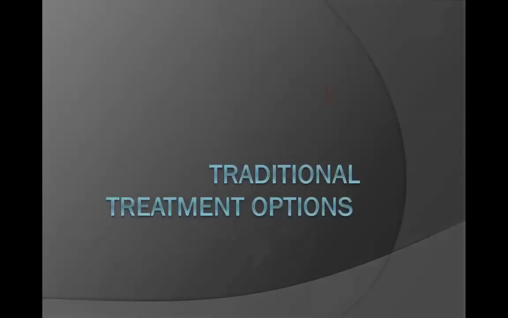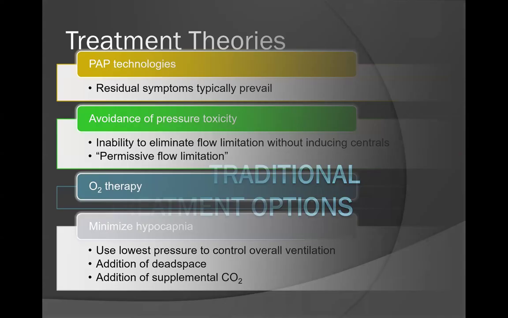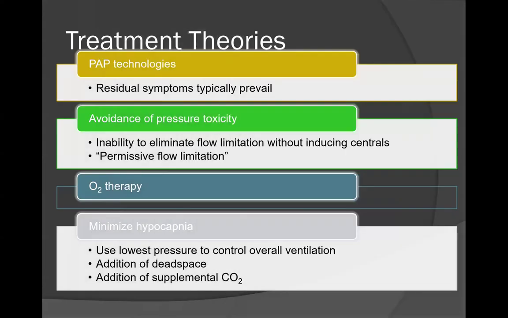What are the traditional treatment options? Of course, PAP therapy, but residual events always show up. Then we used to avoid pressure toxicity, which is still advised by some of the clinicians, the doctors, and the APPs or advanced practice providers.